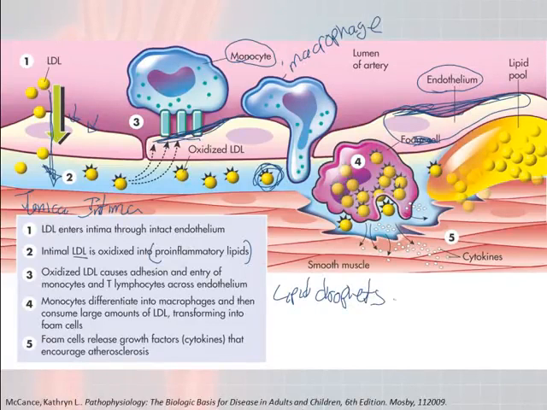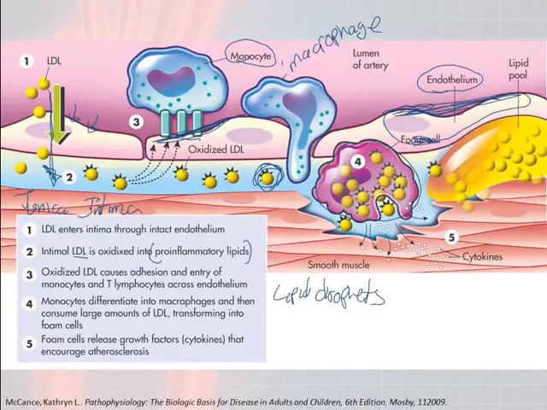These lipid droplets inside of the macrophage right here give it a foam-like appearance. So it looks like there's foam inside of the macrophage. That's where they came up with the term macrophage foam cell or foam cell.